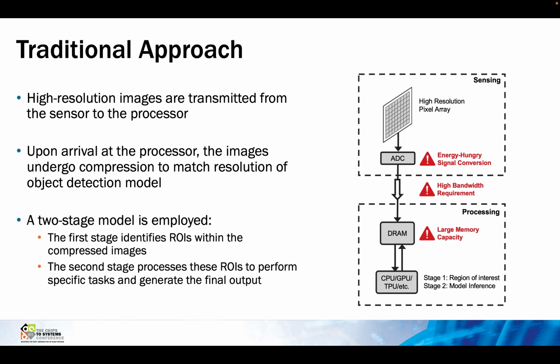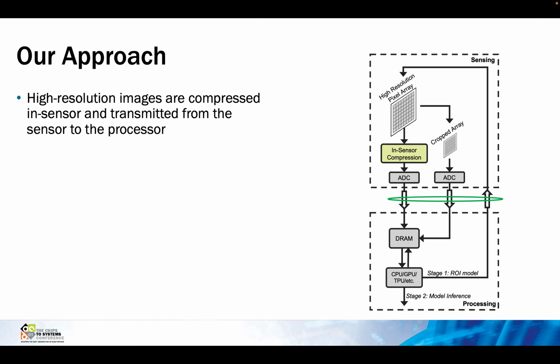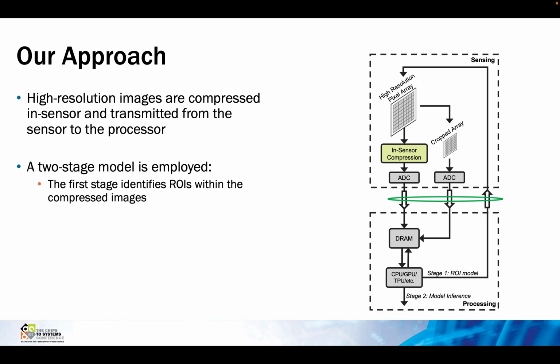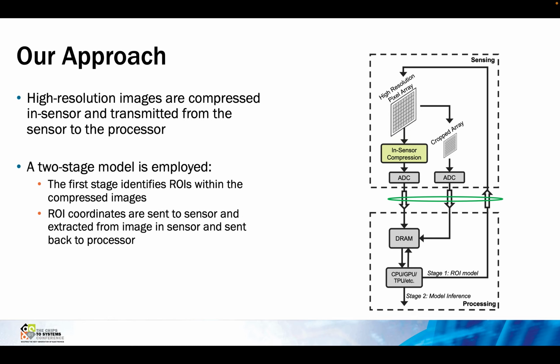In contrast, our approach compresses the image in the sensor and then transmits it to the processor. Then, same as before, a two-stage model is employed. The first stage identifies the regions of interest within the compressed images. Then, the region of interest coordinates are sent to the sensor, and only the portions of the image that need to be high resolution are sent back in high resolution.